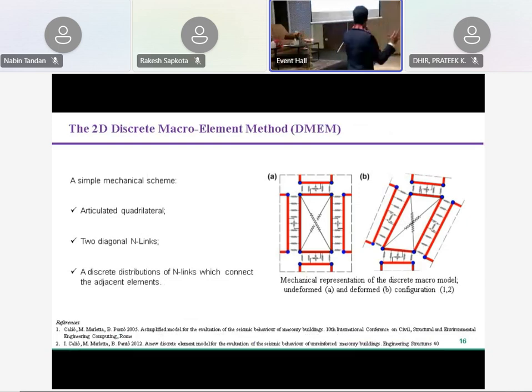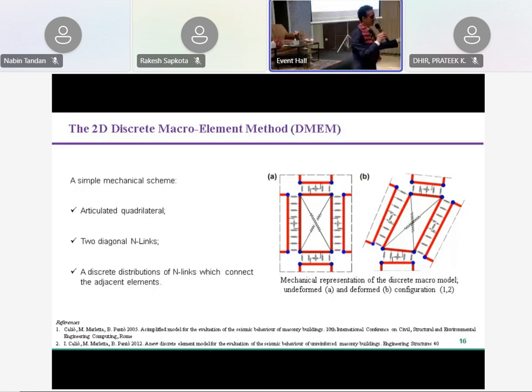Each panel is basically replaced with an articulated quadrilateral, which is very easy to understand and is deformable only in shear. So it means that the flexural deformability is not included in the element itself, but is replaced by what we call the interface elements, which are a distribution of discrete links.